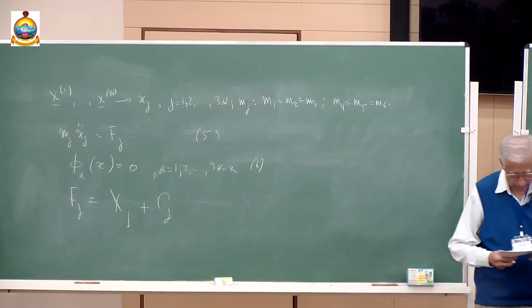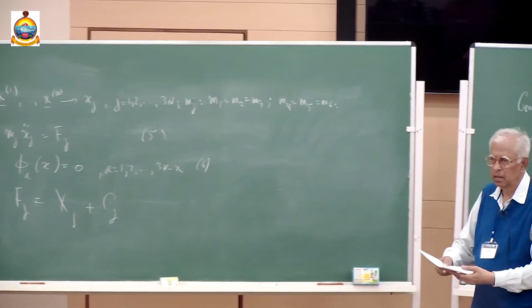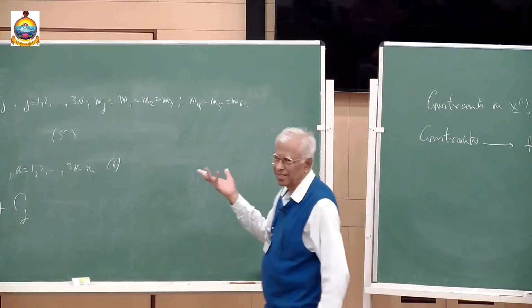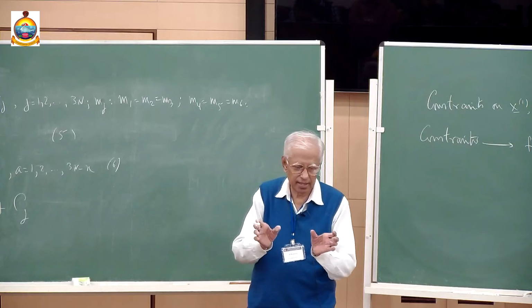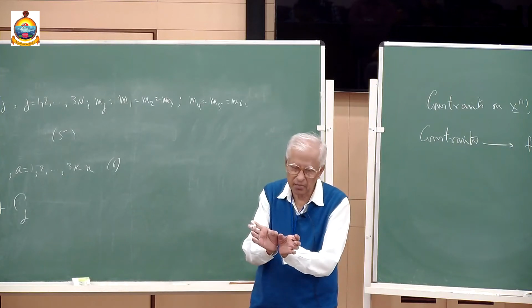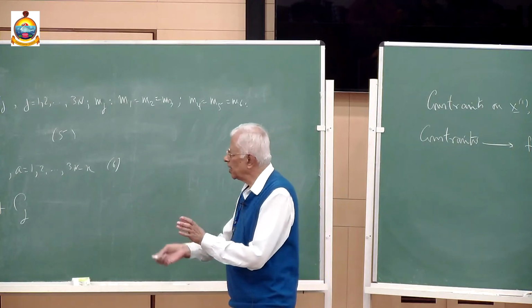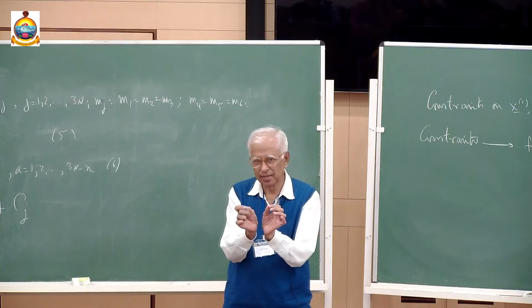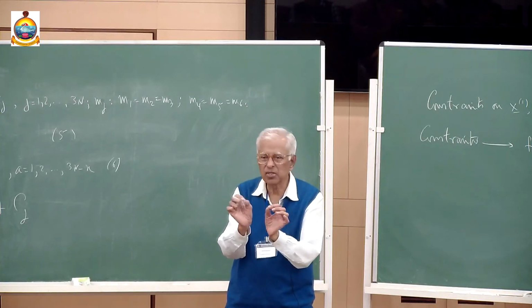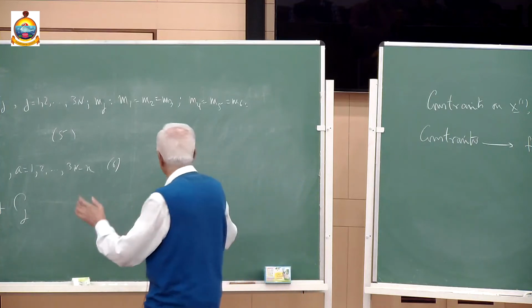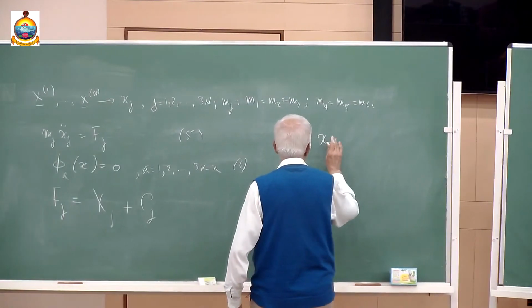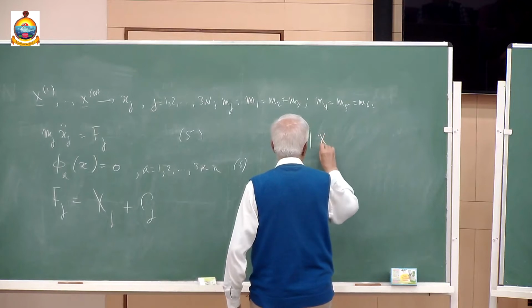This is this part. So the constraint functions depend on all the x's. Of course, if you take a system of particles making a rigid body, each phi refers to two of the particles and says that the distance between them should not change.